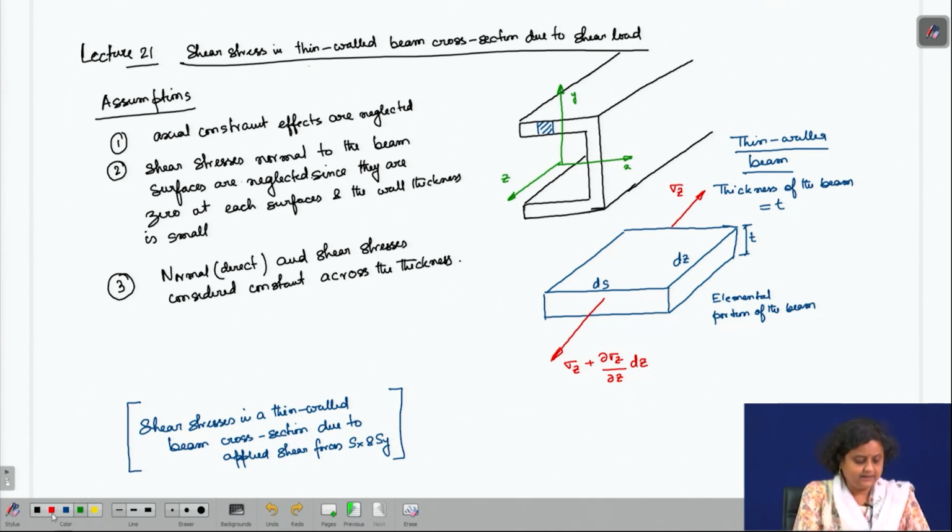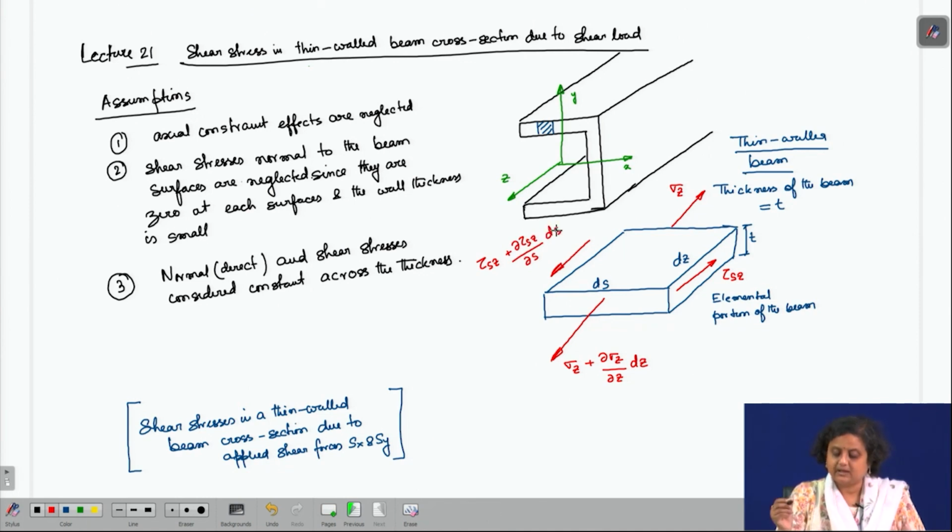Now, let us see what shear stresses are acting on it. The shear stress in this direction is tau s z, and in this direction we have the increment, which is tau s z plus del tau s z by del s into ds.